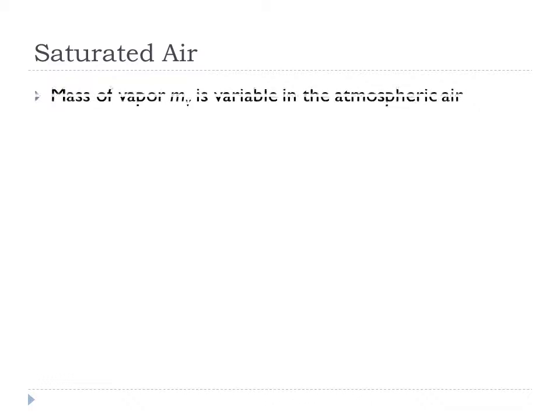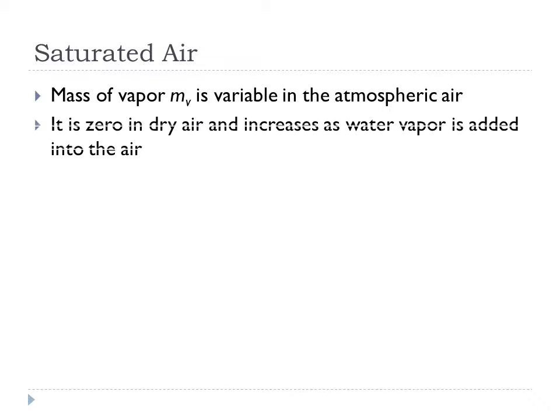Now let us take another important concept which we use in air conditioning. The concept is of saturated air. Friends, we know that the mass of water vapor Mv is a variable quantity in the atmospheric air. It is zero when we have dry air, and it increases as we add water vapor in this dry air.